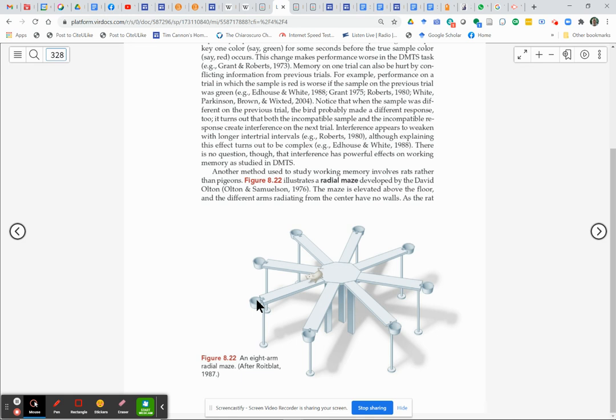If your reference memory is working, when you're put in there, you should go to where the food is, get it, not go there again because your working memory is working until you've gathered all the food, and then you chill out.